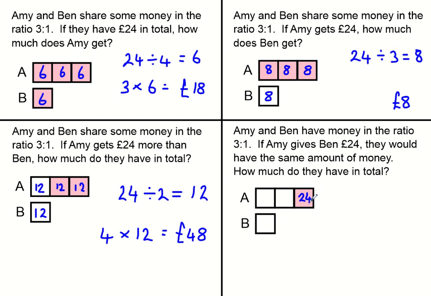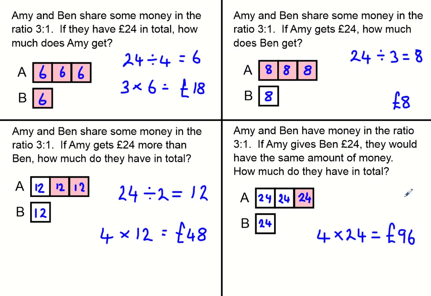And as soon as I know what 1 block is worth, every block is worth the exact same amount. So this time, how much do they have in total? Well, we've got 4 blocks, each worth £24, which is a total of 96.